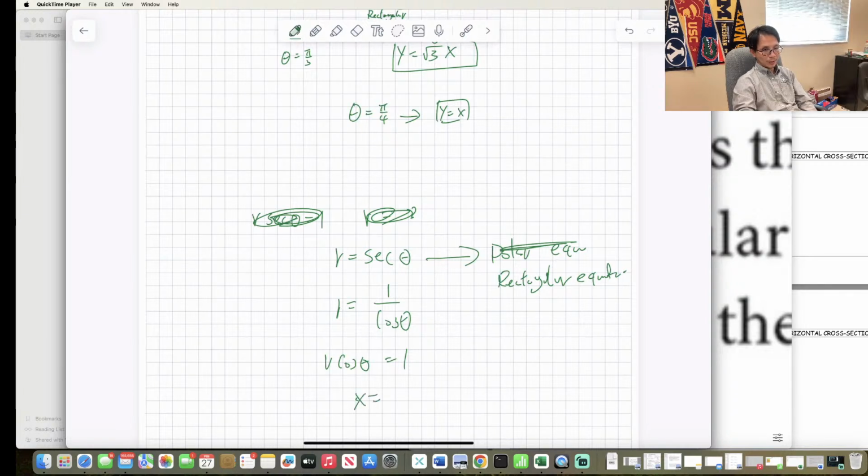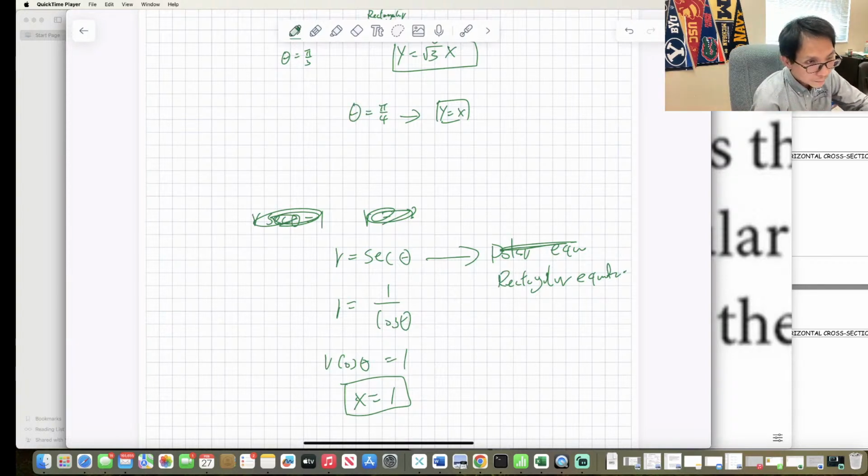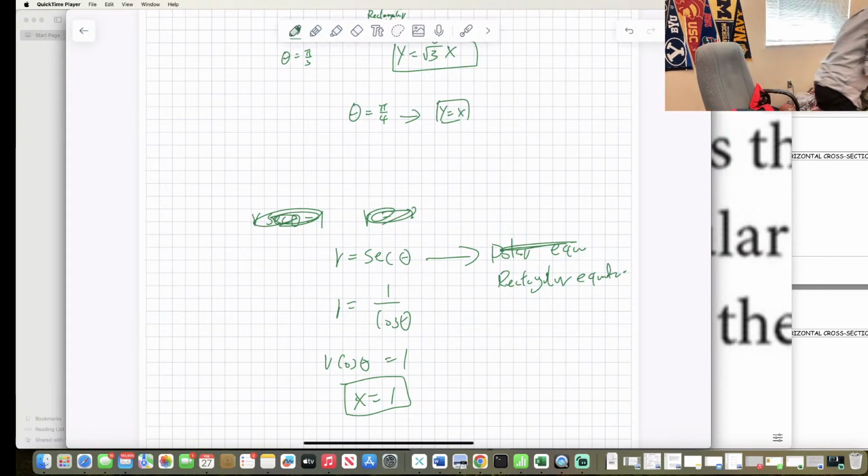It's x. So x over r, I just converted to rectangular. So it's a straight line? It's a vertical line. That's what I mean. So we convert from polar to rectangular.